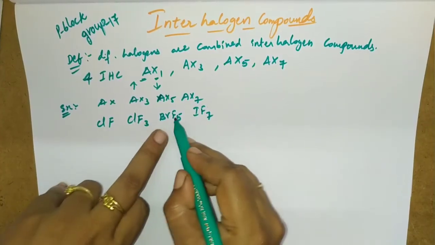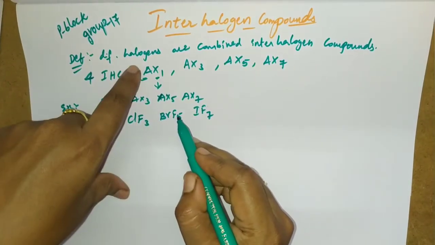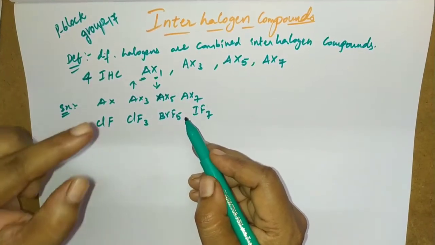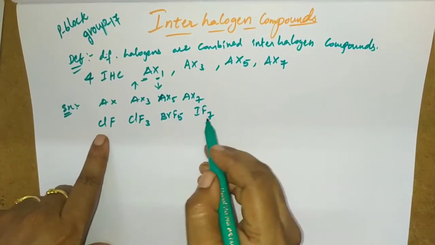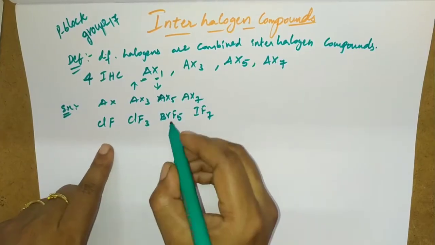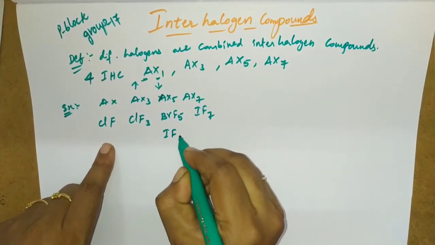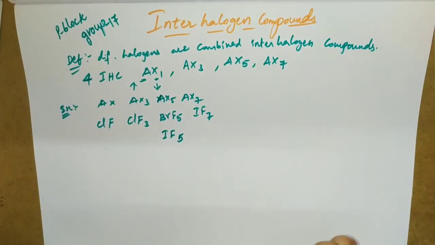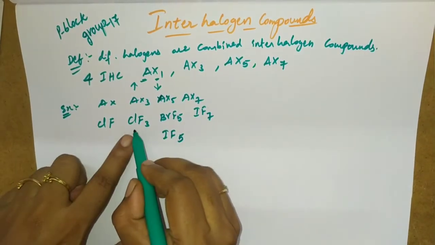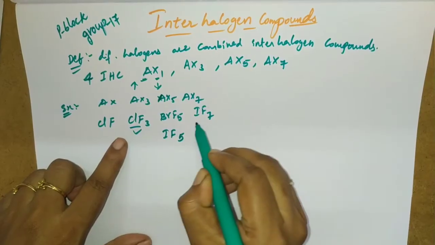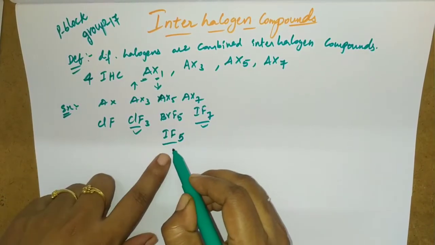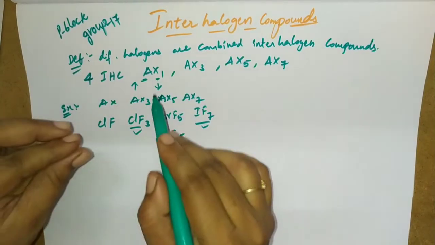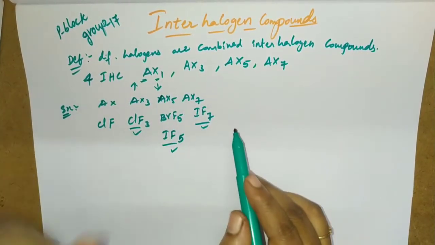The higher one has high bonding capability, the lower one has low bonding capability. We have another example, IF5. There are many examples, but according to our syllabus, they ask questions about ClF3, IF7 and IF5. So for each type we have to know one example.